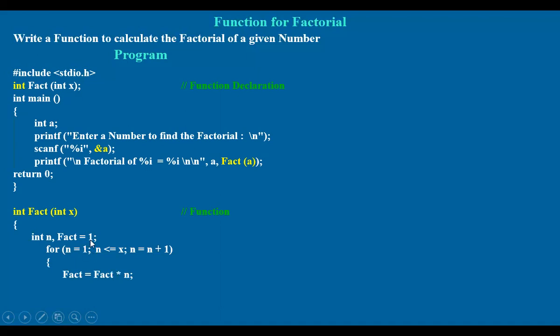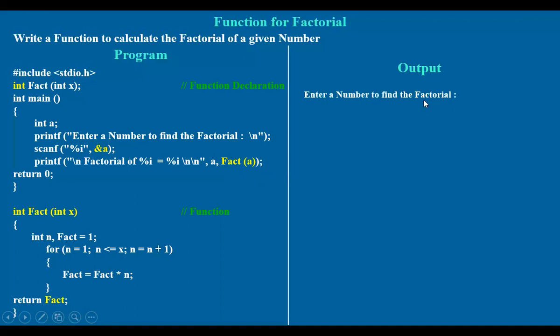That means this fact, which is initially taken as 1, is multiplied with 1, 2, 3, 4, 5, the various values of n starting from 1. So it is returning the value fact here. Whatever the fact is, that value is returned to the main function. Okay. Now, let's compile this and execute. It asks for the number, enter a value, and it calculates the factorial of this number 5 and displays it.